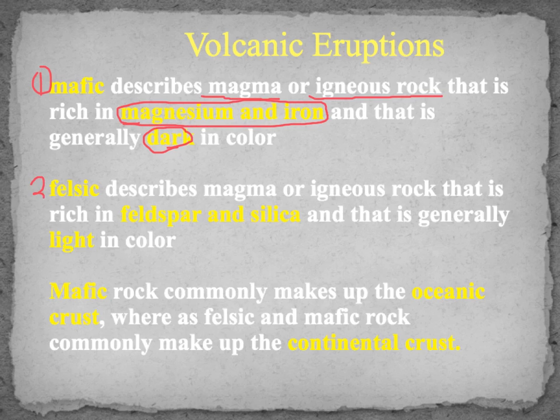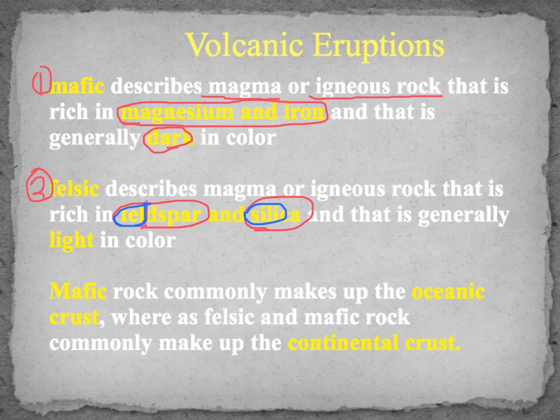The second type of magma is felsic magma. It's called felsic because it contains feldspar and silica. So you got the fel right there, and sic from silica.